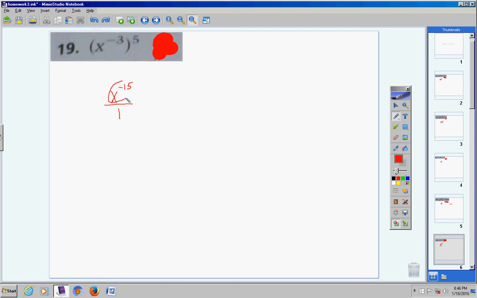So we need to move this to the bottom so that we have no negative exponents in our final answer. So, what do I already have in the denominator? A 1. What am I bringing down to the denominator? An x. The 15 becomes positive. There's nothing left up top, so what do we have to put? A 1. So my final answer is 1 over x to the 15.